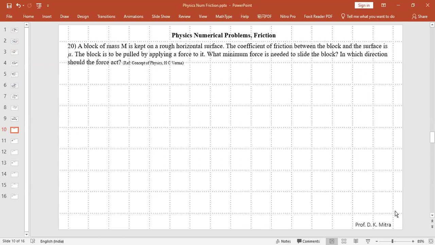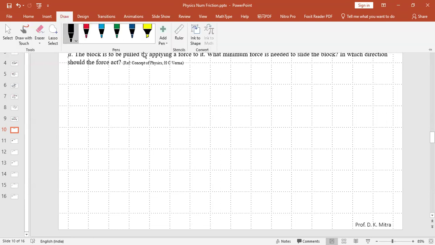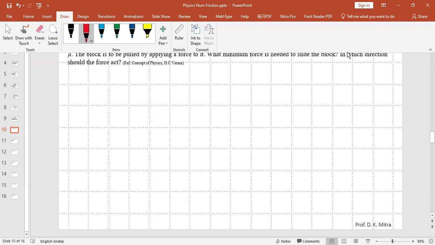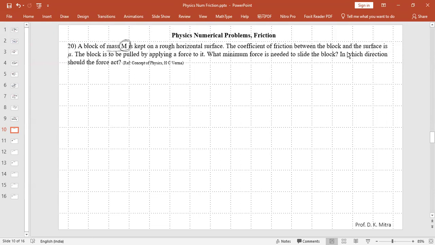Let's start this problem again on friction. It says that a block of mass m is kept on a rough horizontal plane.